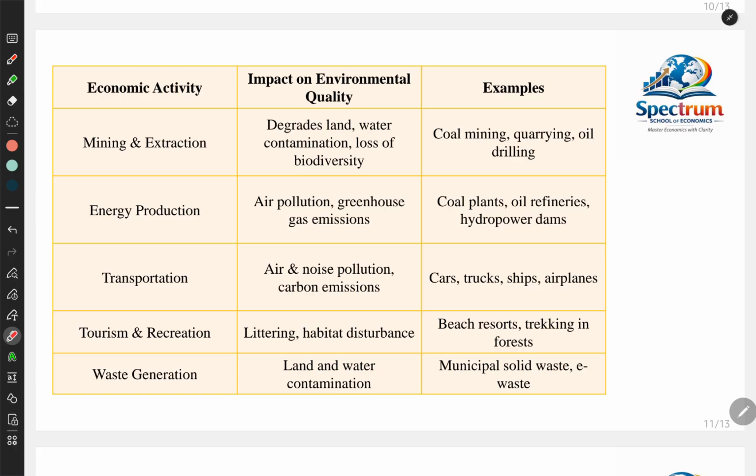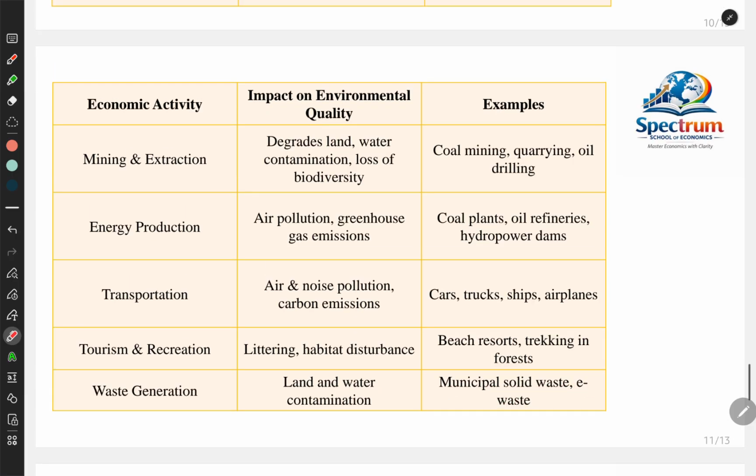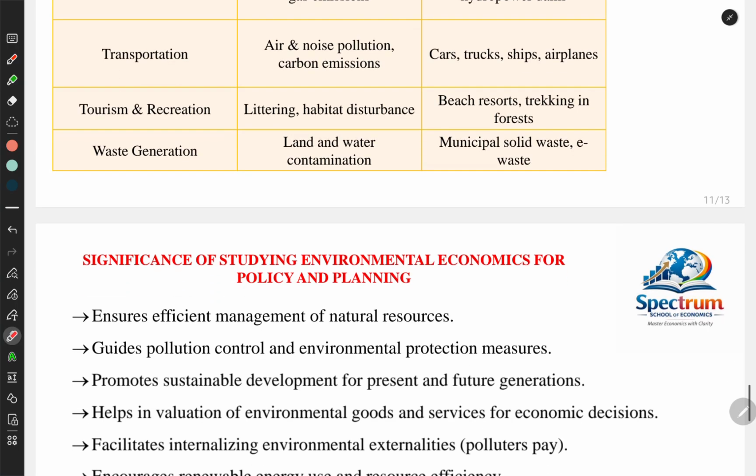Then in energy production, coal plants, oil refineries, hydropower dams also have an impact. Then in transportation, cars, trucks, ships, airlines. In tourism, beach resorts and trekking in forests also lead to degradation of environmental quality. And last but not the least, waste generation, municipal solid waste or e-waste, are all leading to degradation of environmental quality.